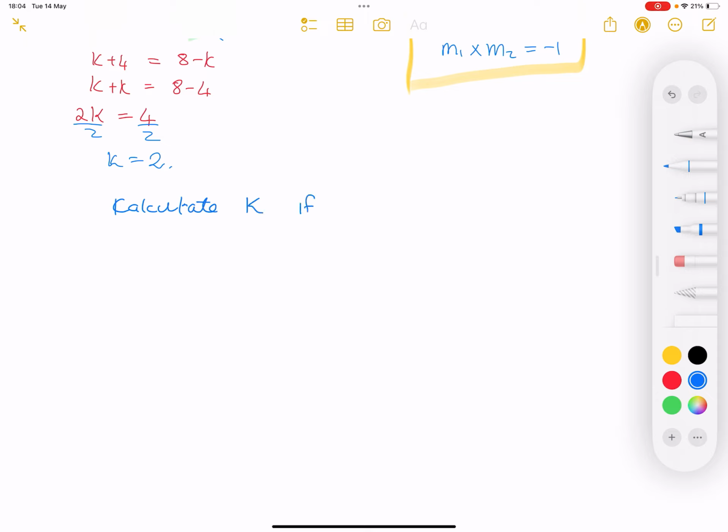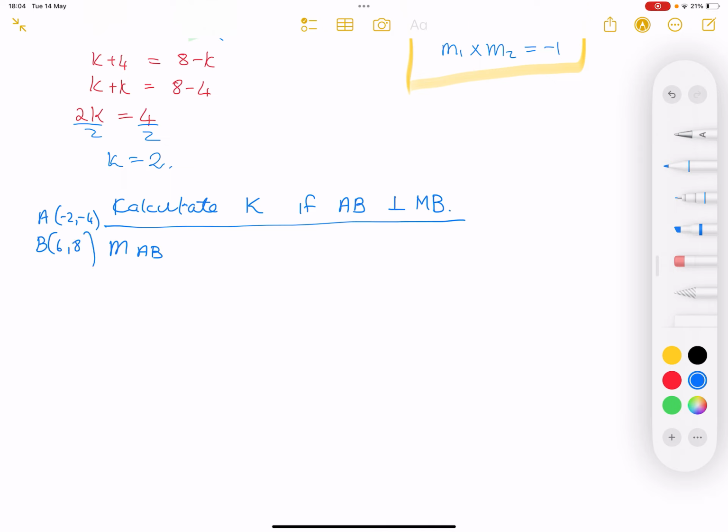Okay, if AB is parallel to MB, I must read. So the gradient of AB: I've got A, which is -2, -4, and B that is 6, 8.